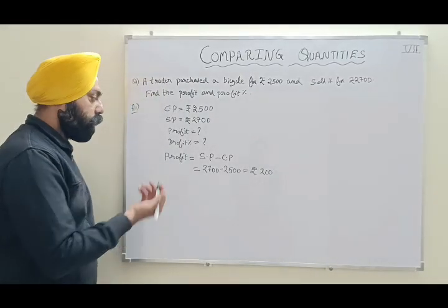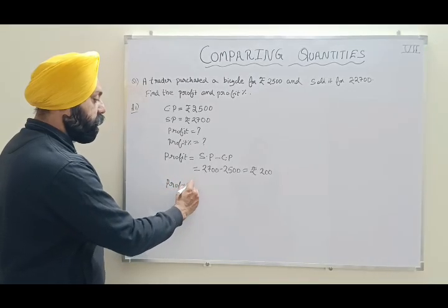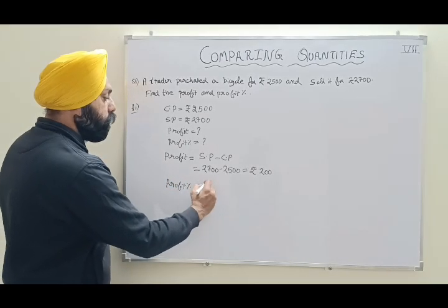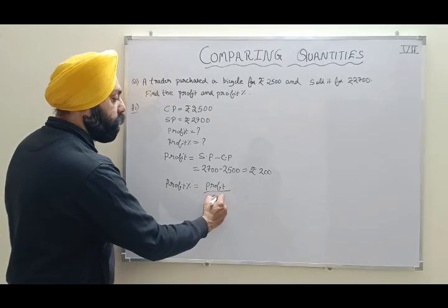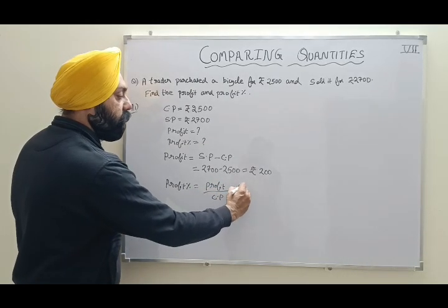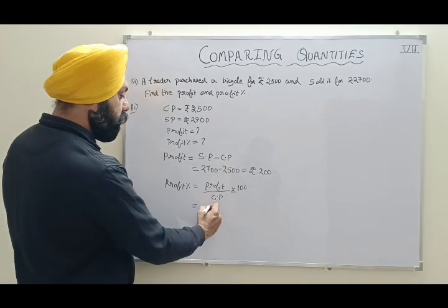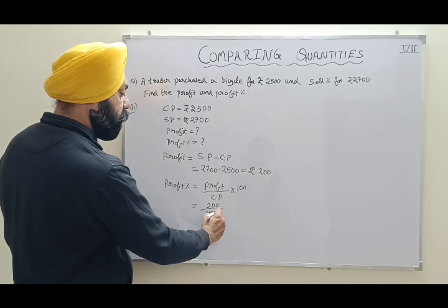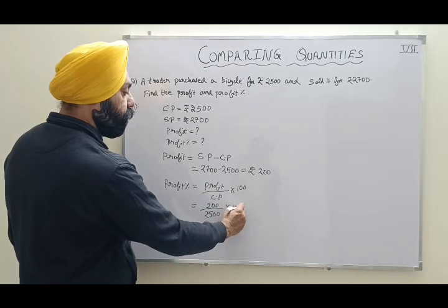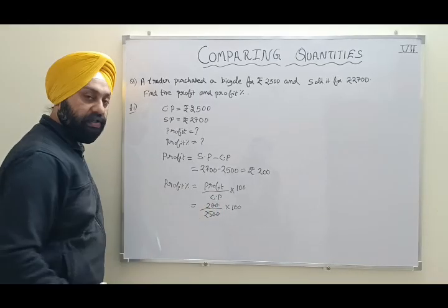Now we have to find the profit percent. Using the formula, profit percent is equal to profit divided by cost price into 100. So we will replace the profit by rupees 200 and cost price was 2500, into 100. We can cancel these two zeros with these two zeros.